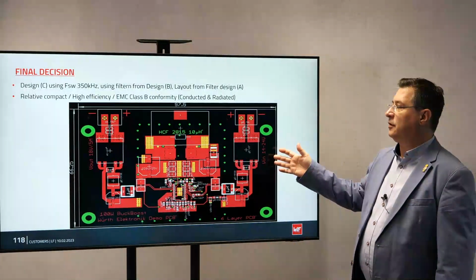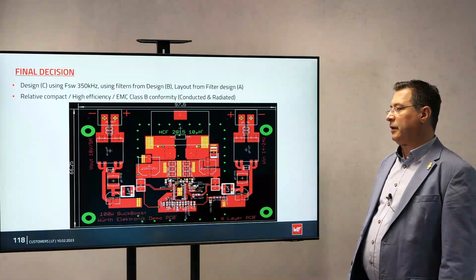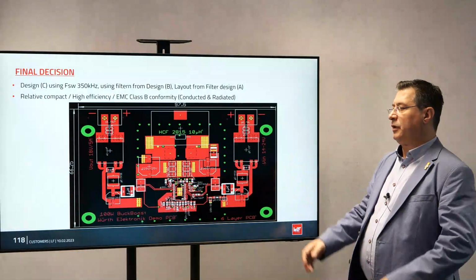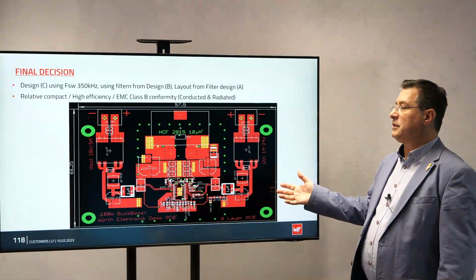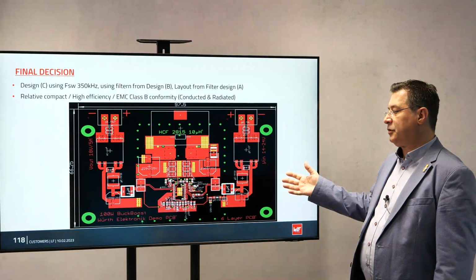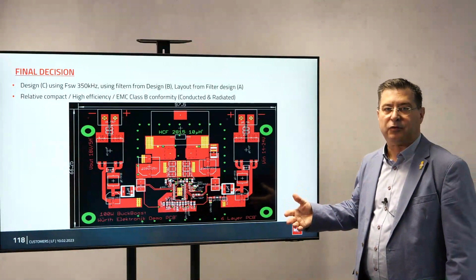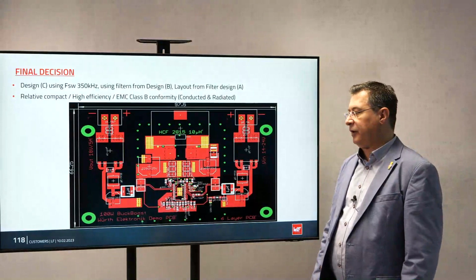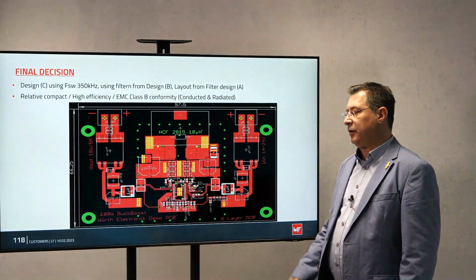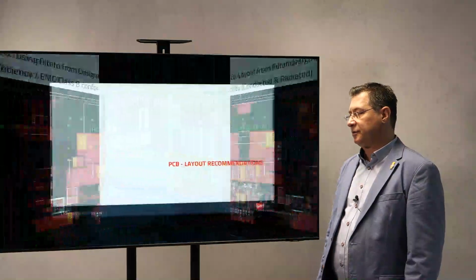Use the filter from design A, which was more than enough, and make it small and compact. You have to use 6-layer because the logic components would be too squeezed on 4-layer, so he went with 6-layer, and with this passed all the EMC tests.